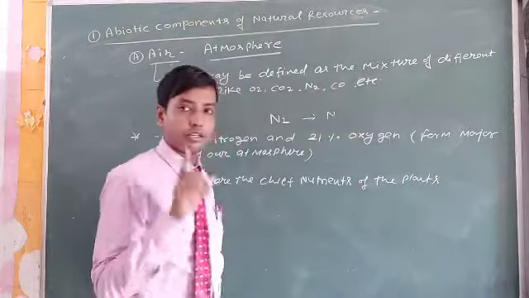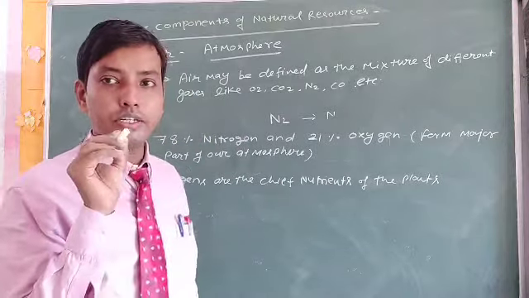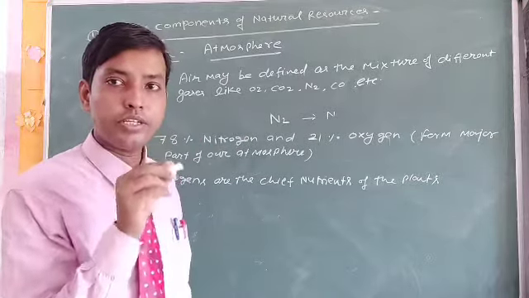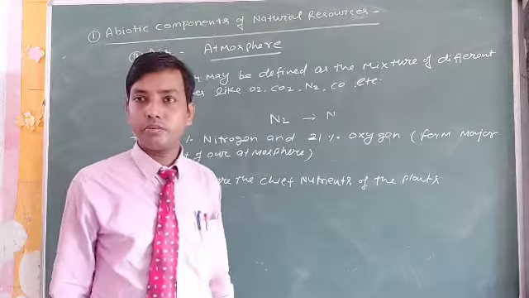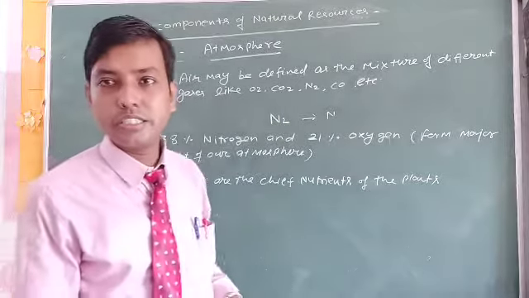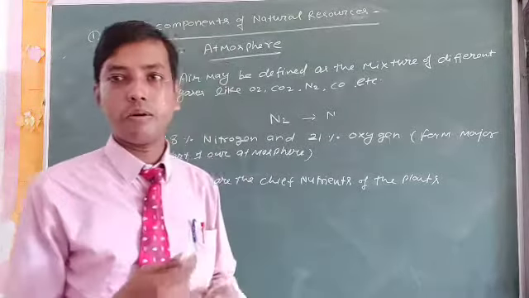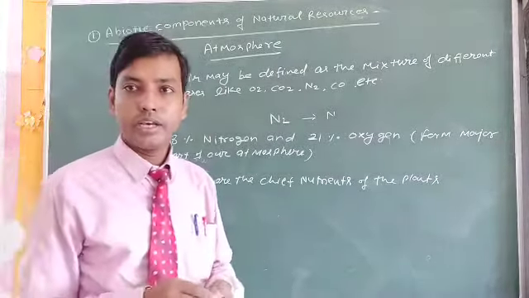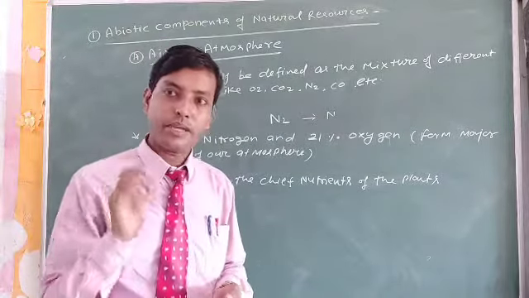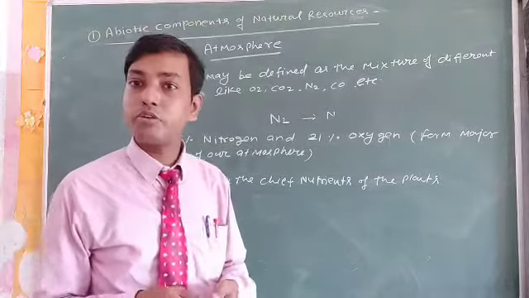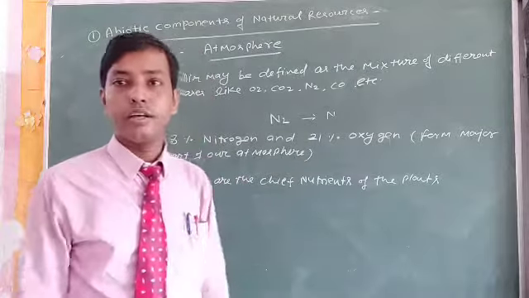Listen, nitrogen is the chief ingredient of the plant's body as well as the animal's body, in the form of amino acids, ammonia and proteins. Your body has proteins formed by different amino acids, and amino acids do not form without nitrogen.